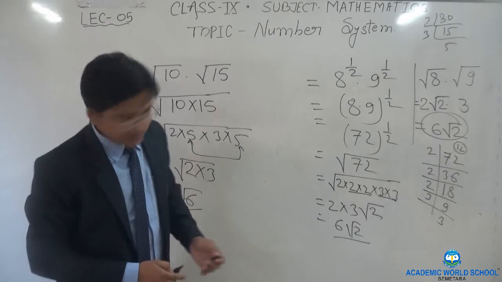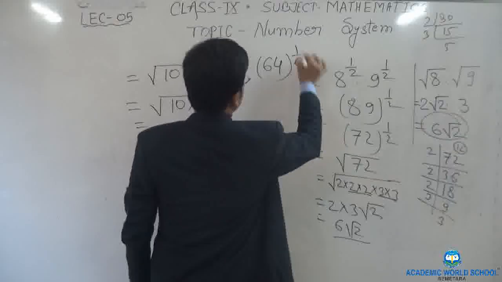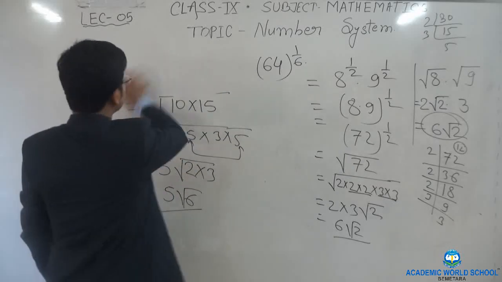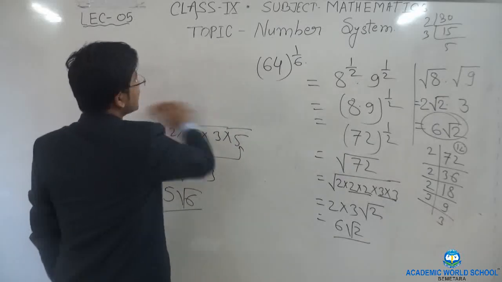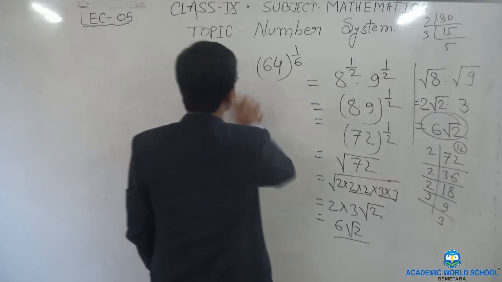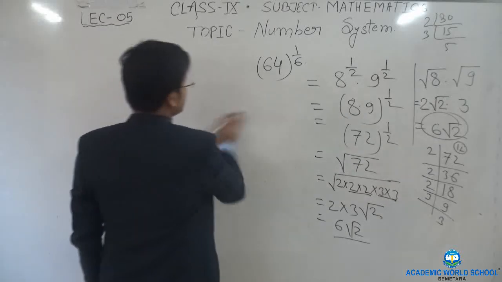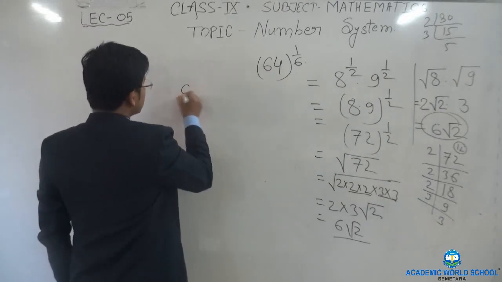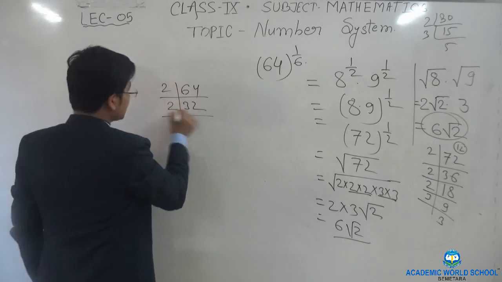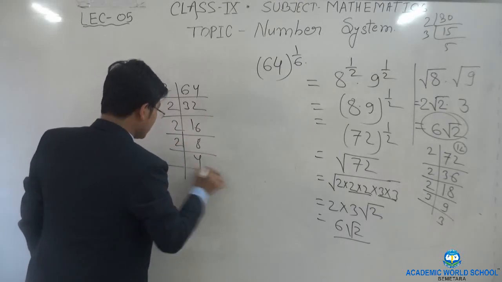Now if I am writing 64 to the power 1 upon 6, what does it mean? It means I have to factorize this 64 and observe whether there is any number to the power 6 or something. 64 is 2, 32, 2, 16, 2, 8, 2, 4, 2, 2.